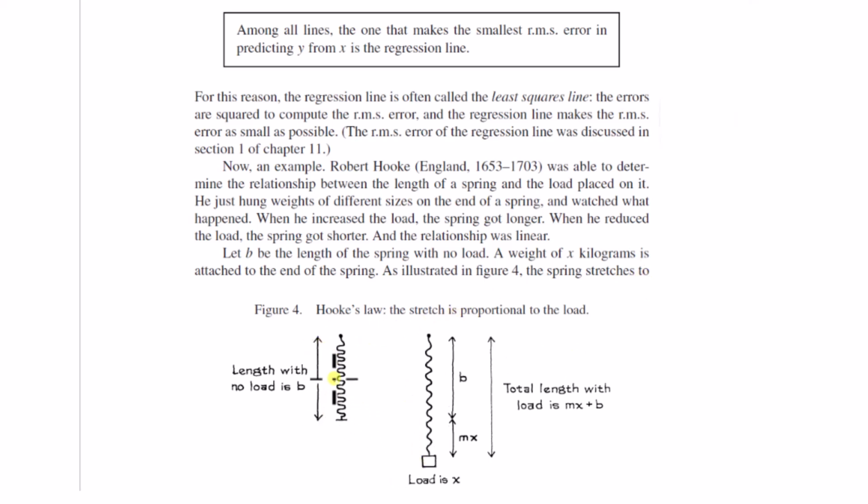But when it comes to a spring, it's well known that the relationship between the deflection of the spring and the load is linear. And you can apply this idea to metals, right? Before they yield, it's really a linear relationship between load and deflection of the metal.